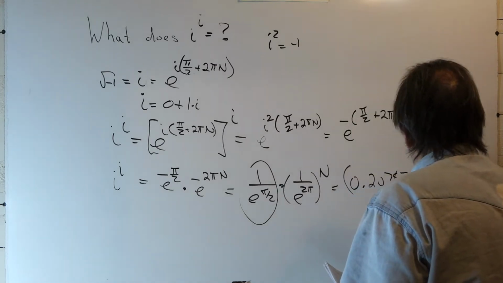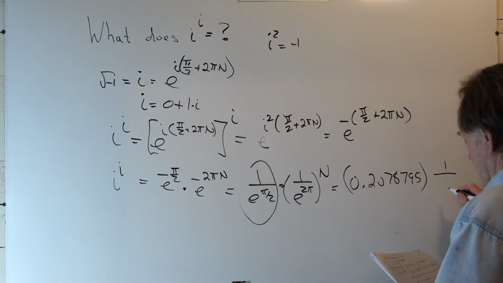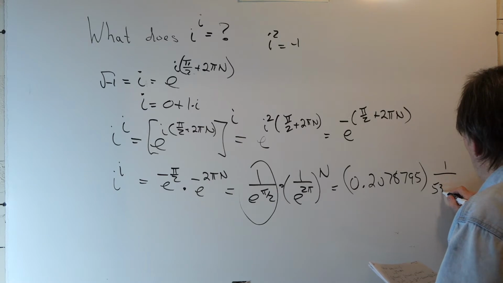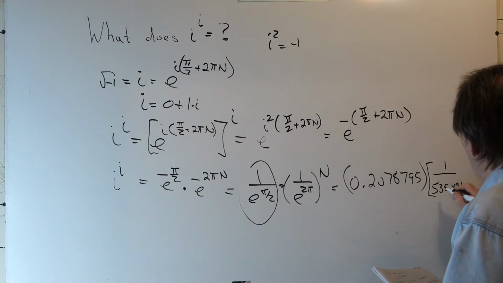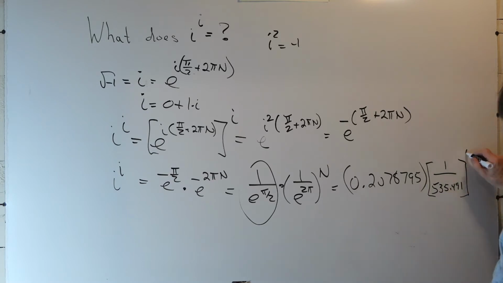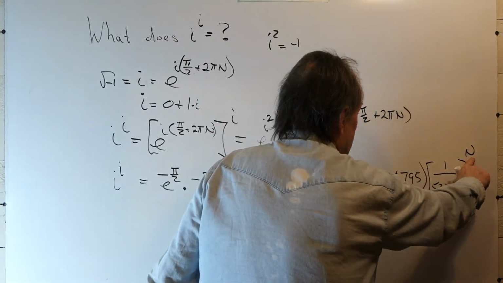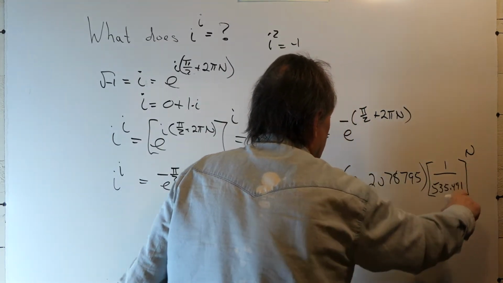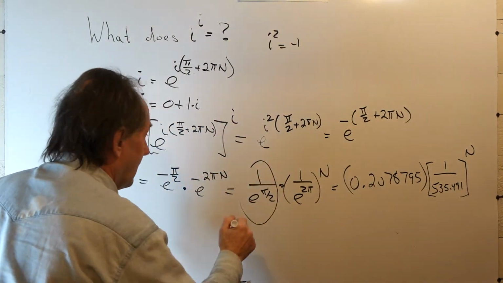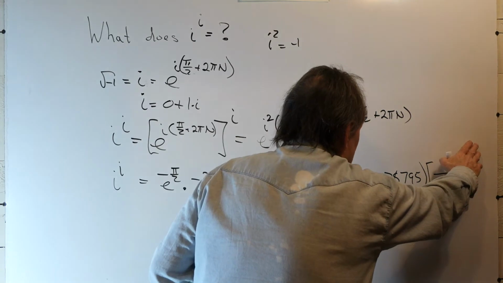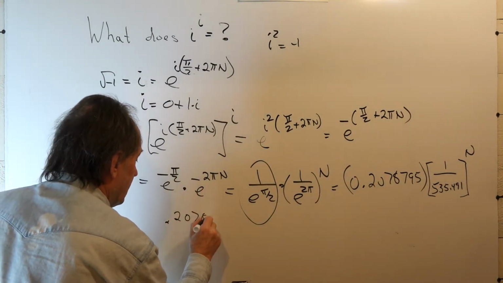And this part here is 1 over 535.491, and so on. It's also irrational, and that's raised to the n power. So as we choose different integer values for n, we get different values for i raised to the i power. The principal value, of course, is when n is 0, so the principal value is 0.2078, and so on.